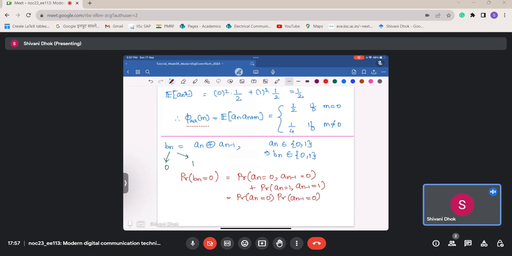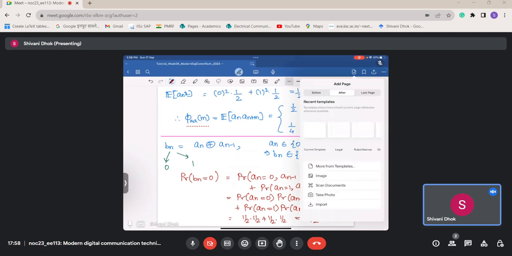Why? Because a_n is an independent sequence. That's why we can take the product of these probabilities. Plus probability that a_n equal to 1 into probability that a_{n-1} equal to 1, and probability that a_n takes 1 or 0 is simply half because these two are equiprobable. That's why this comes out to be 1 by 2 into 1 by 2 plus 1 by 2 into 1 by 2, which comes out to be 1 by 2.